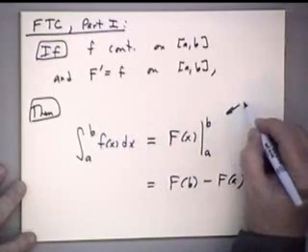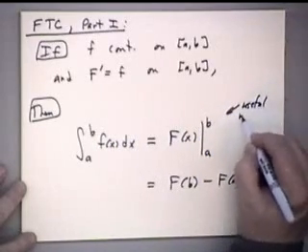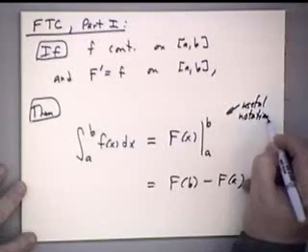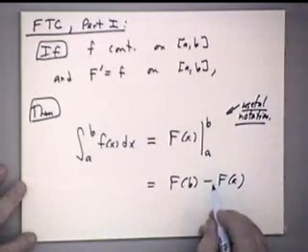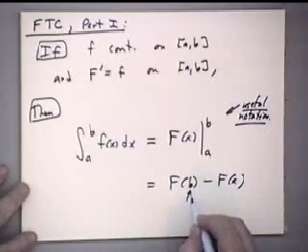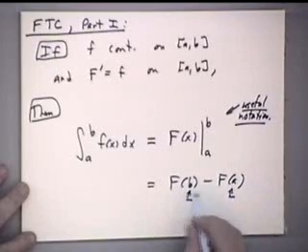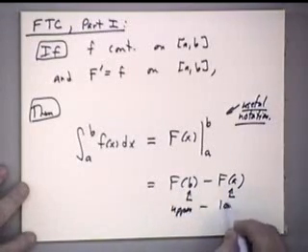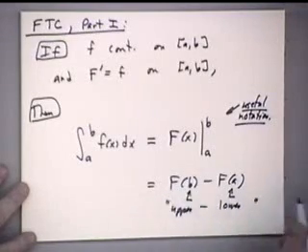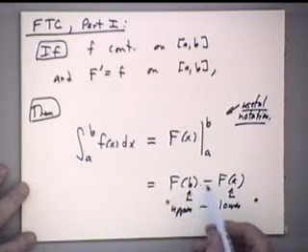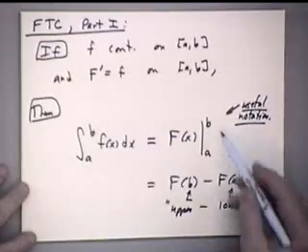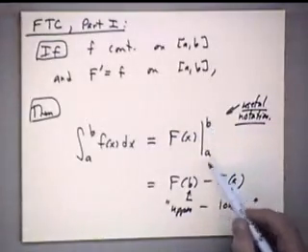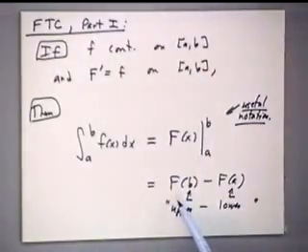This is useful notation, so you want to adapt that, and you'll see how I use it soon. And notice here, one way to remember this, which one goes first? It's upper minus lower. It's F evaluated at the upper minus F evaluated at the lower. And you see the upper and the lower here. This is it, the fundamental theorem of calculus part 1.